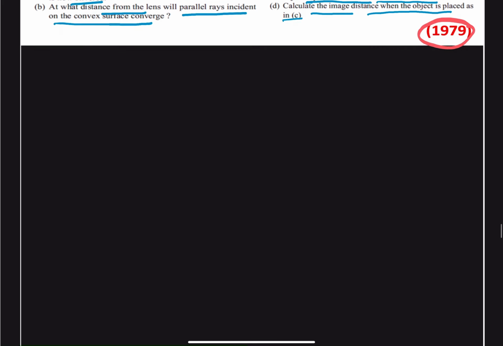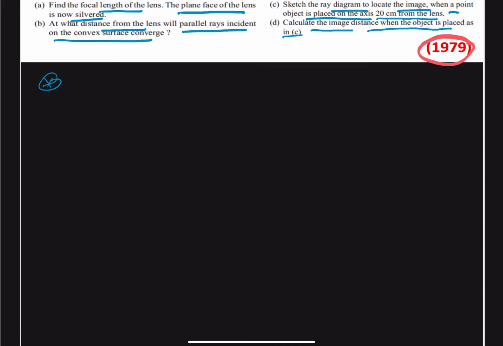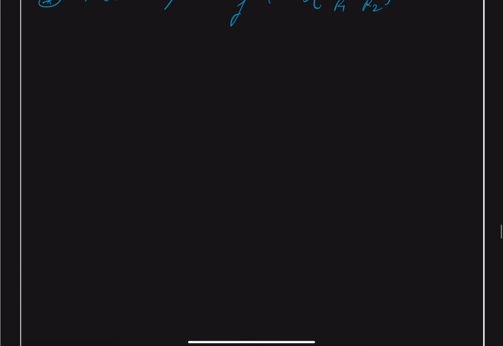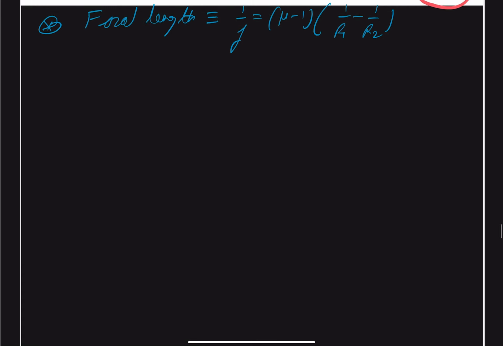The focal length is given by 1 upon F is equal to mu minus 1 into 1 upon R1 minus 1 upon R2. Initially the lens is something like this.